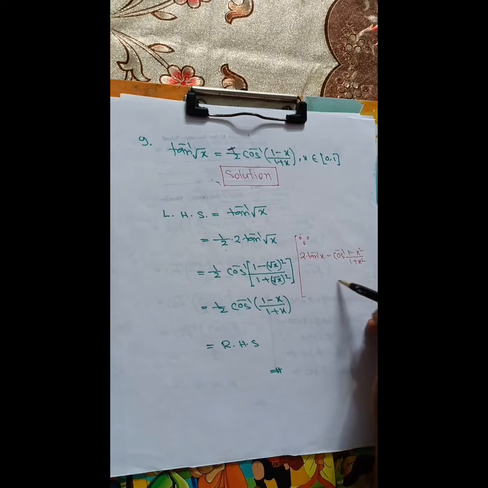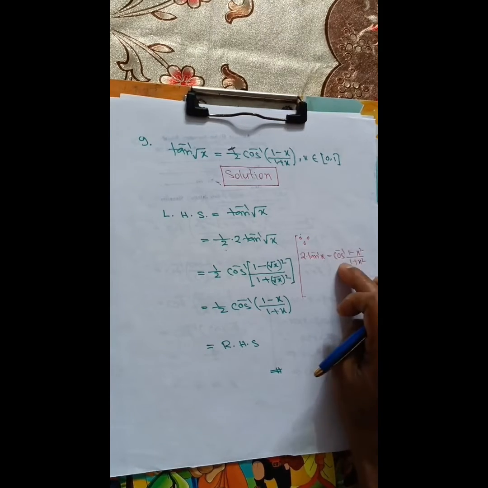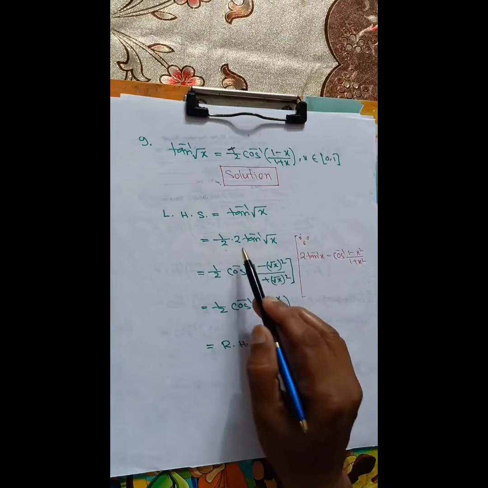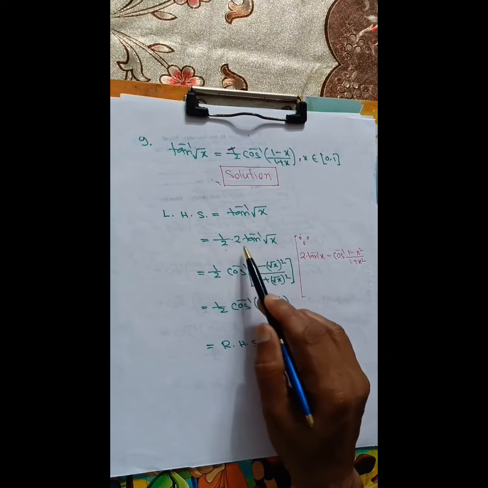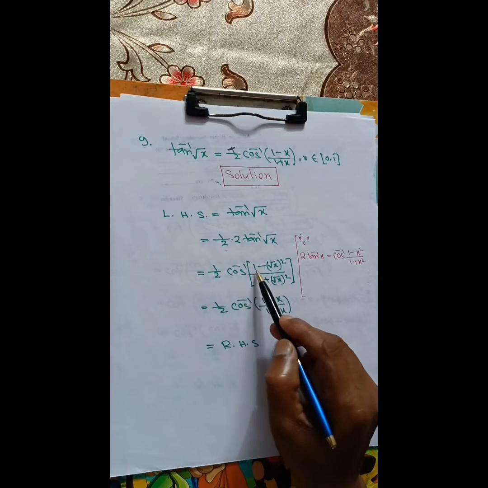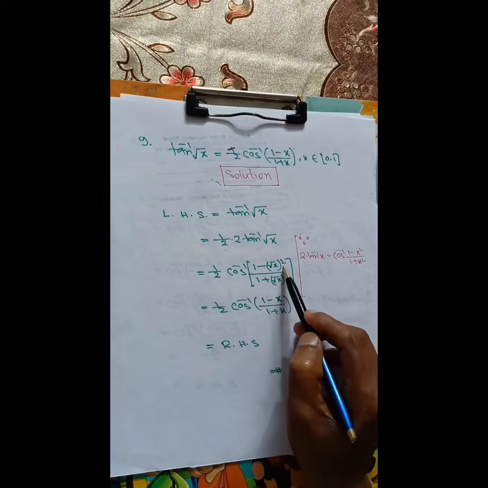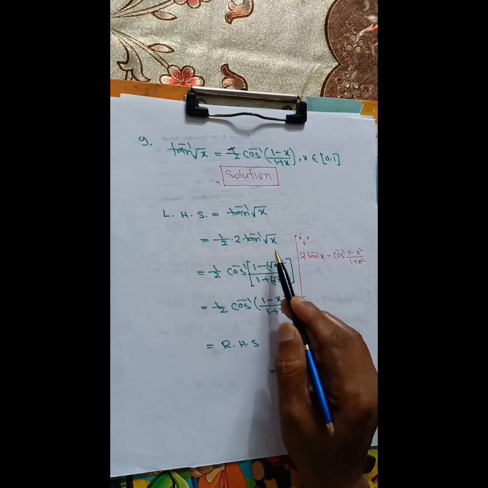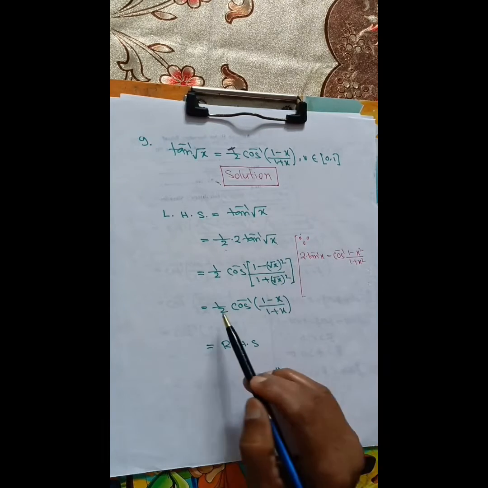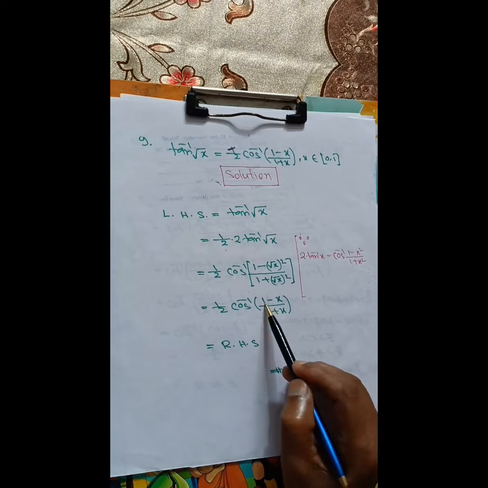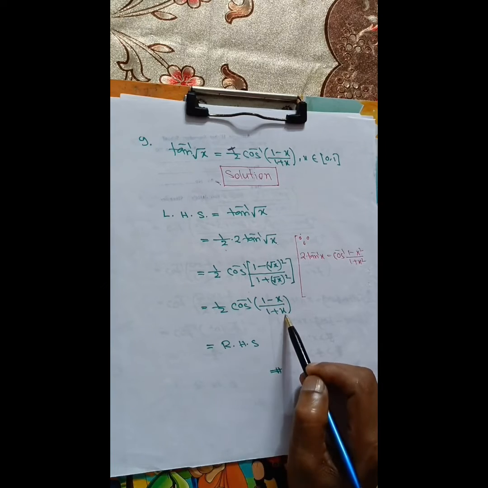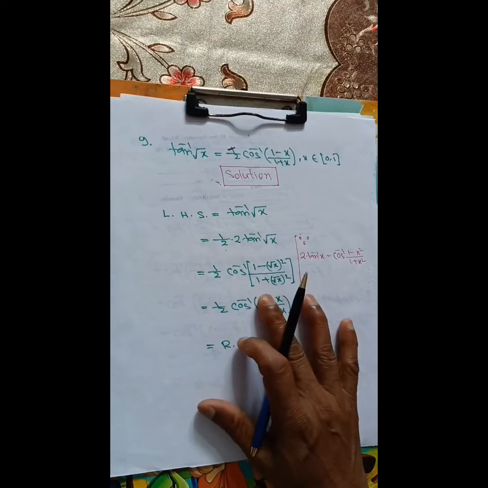So we can use this formula. We get 2 tan inverse root x, which is why we write cos inverse of (1 minus root x square) divided by (1 plus root x square). Then we get half of cos inverse of (1 minus x) divided by (1 plus x). This is nothing but the right hand side.